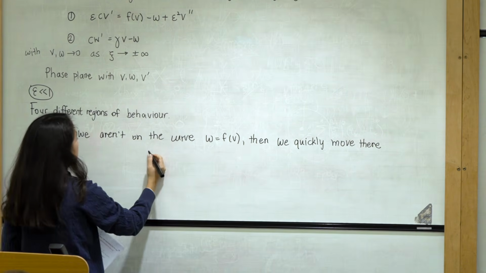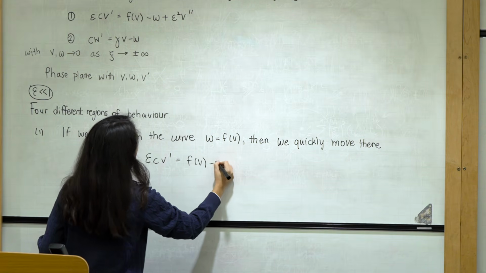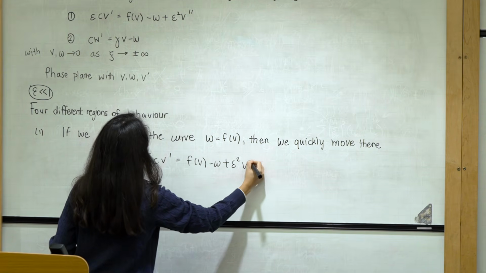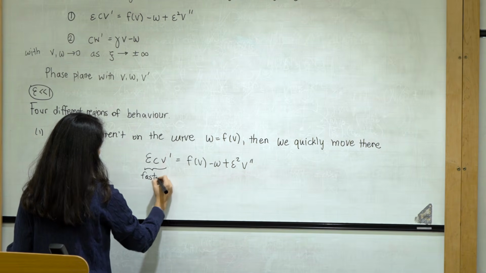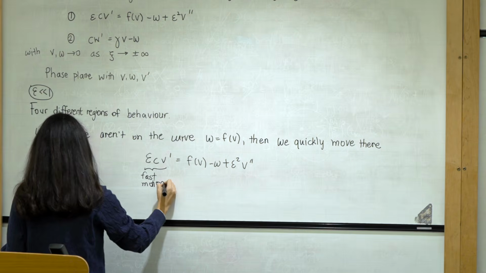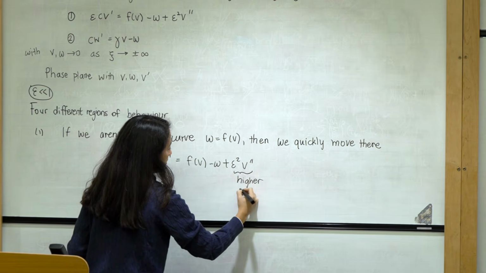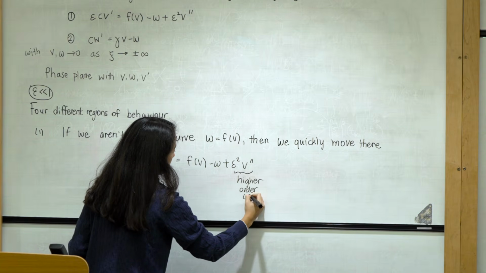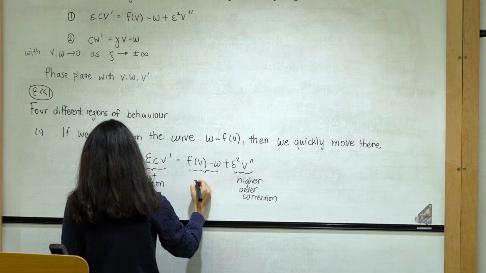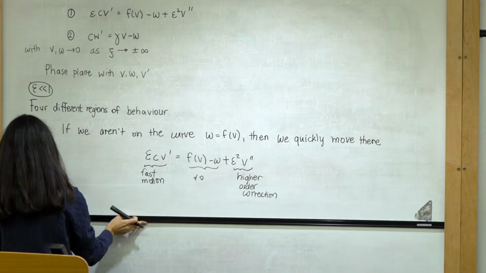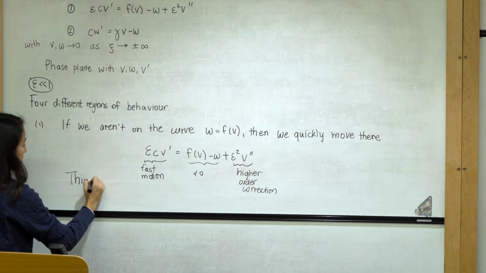If I look at the first term, I have epsilon c V prime. This is the fast motion, and this is some higher order correction. Basically, this is something that is non-zero, so things happen over some fast scale xi.